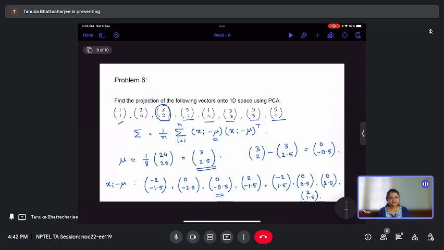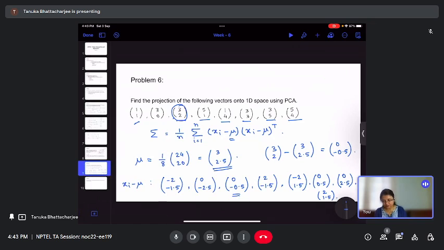So like that we have got all the xi minus mu points. These are the 8 values. Now we will have to compute the sigma. For that we need xi minus mu into xi minus mu transpose for all xi. Let us first compute that.